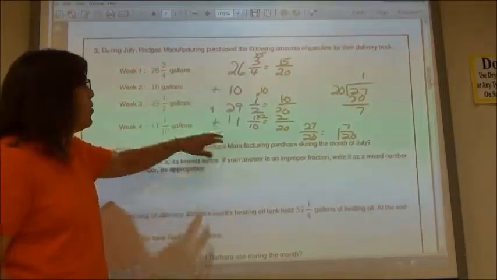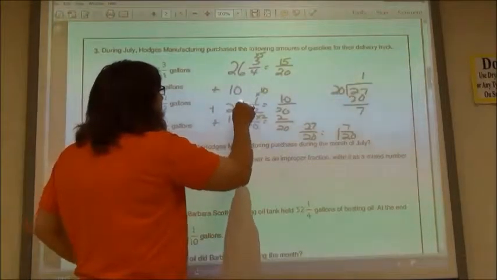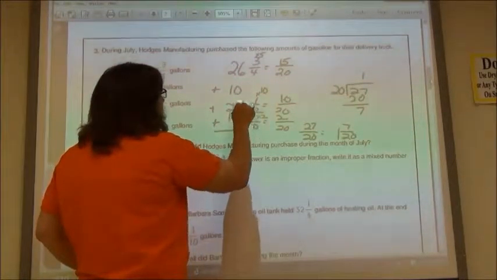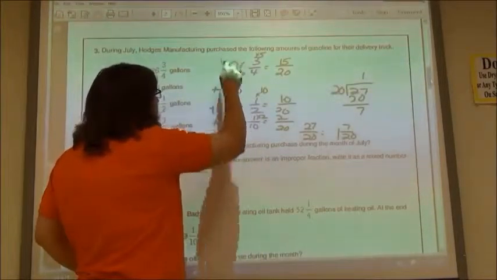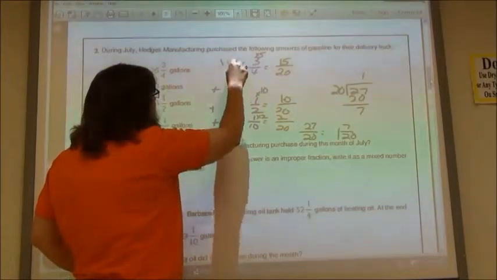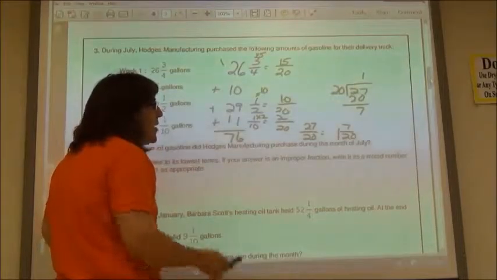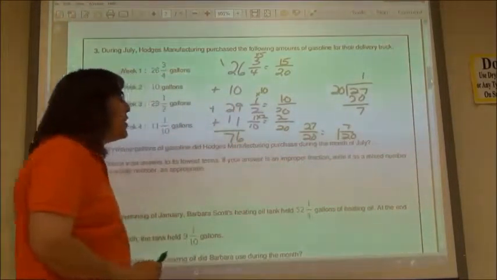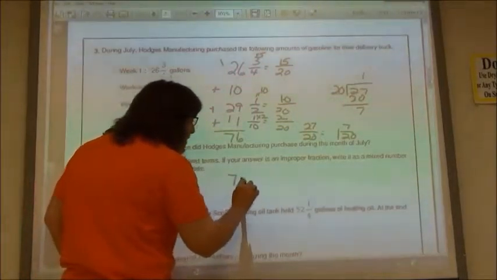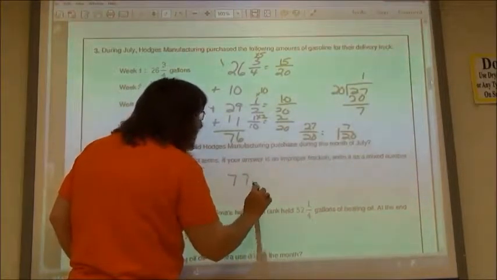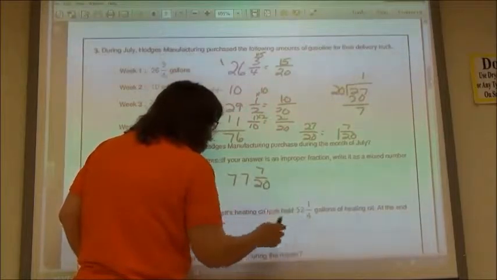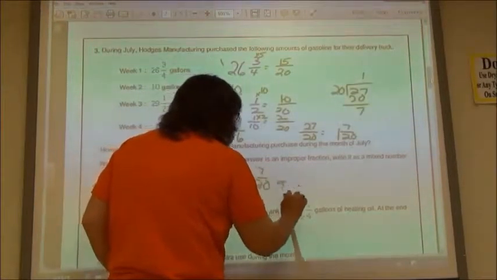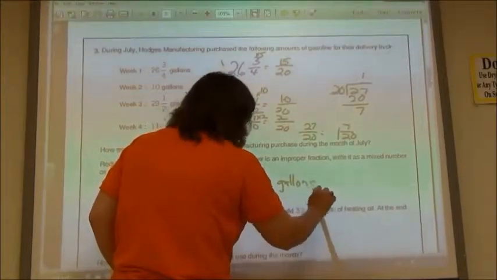So then I add my whole numbers together. If I add this, I would get 10 plus 6 is 16, carry my 1, 3, 4, 5, 6, 7, 76. So I have to remember I'm taking 76 plus my 1 and 7/20. So my total then, 76 plus 1 is 77 and 7/20. And that would be gallons.